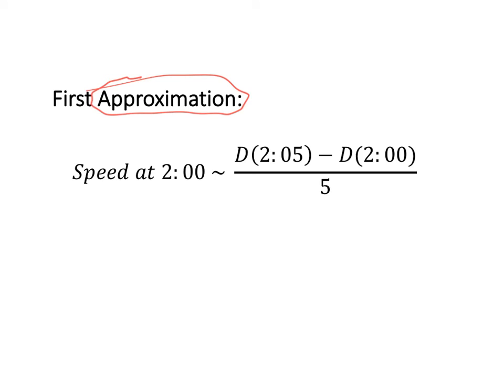Let's say we're looking for the speed at 2 o'clock. The odometer works and we have a watch. We could say the distance we traveled at 2:05 minus the distance at 2 o'clock, in other words the distance we traveled in those 5 minutes, divided by 5 minutes. That would give me an approximation of our speed at 2 o'clock.